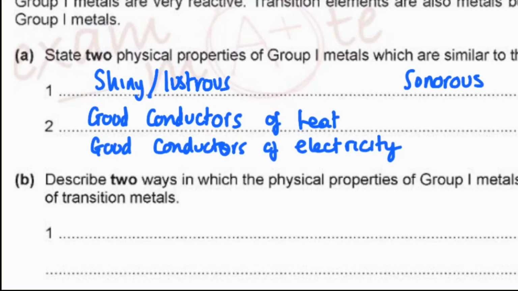Also, don't forget that a lot of students do not read the question and they don't notice that it says physical properties. Remember, the difference between a physical property and a chemical property is that if you can just observe without doing a chemical reaction or measure without doing a chemical reaction, it must be a physical property.